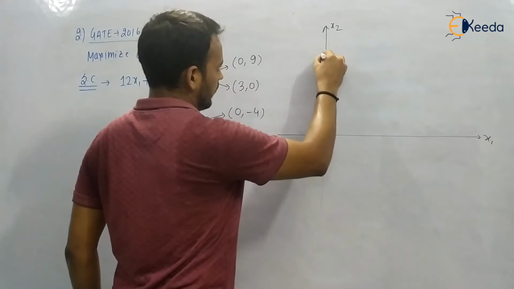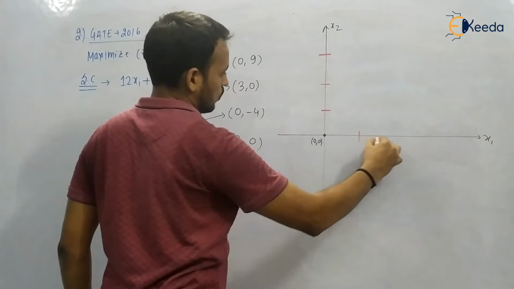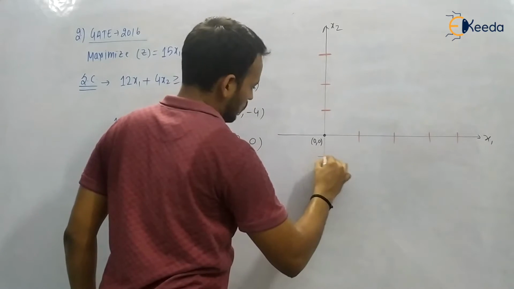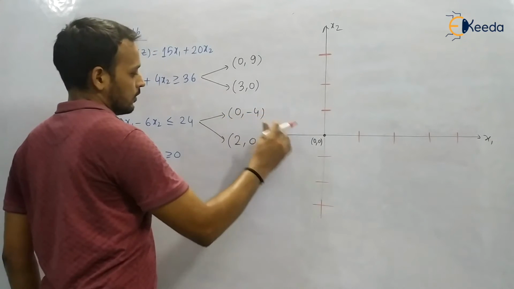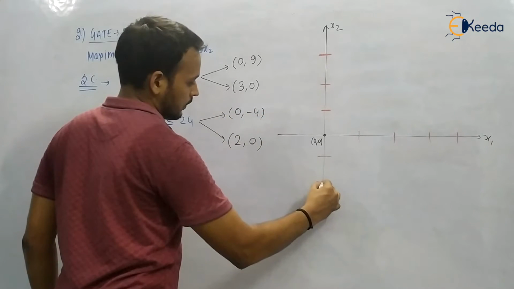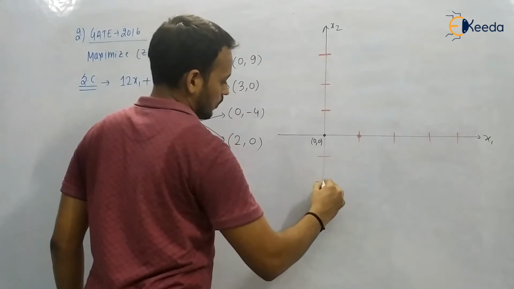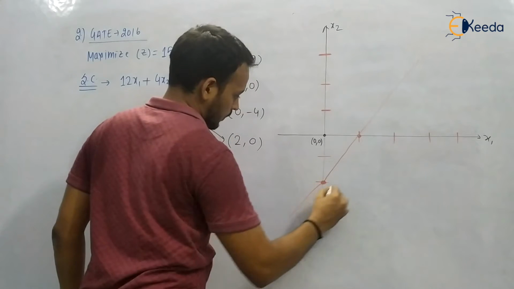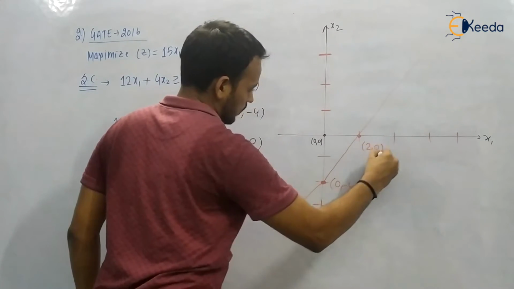Taking the scale of 3, and here 2, 4, 6, 8, here also 2, 4, 6. So you can look here 0 comma minus 4 and 2 comma 0. So just combine them.